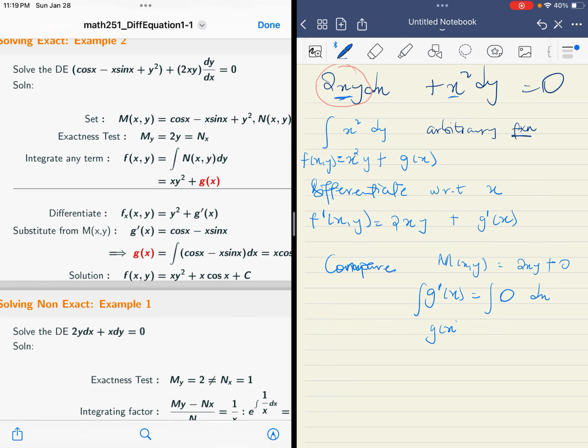So we have g of x equals the integral of 0 dx. What is the integral of 0 with respect to x? It's just going to be 0x plus c, which is just 0 plus c, which is c. Now we get back our arbitrary constant, and we just put that in our solution right here.